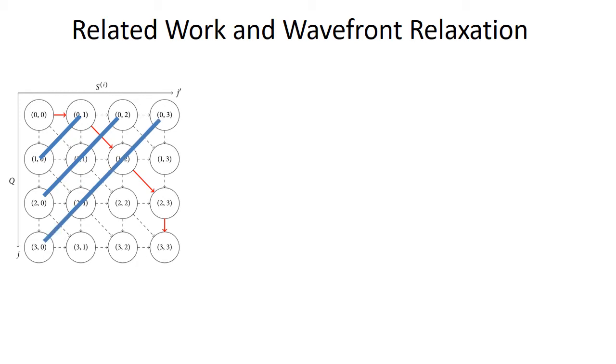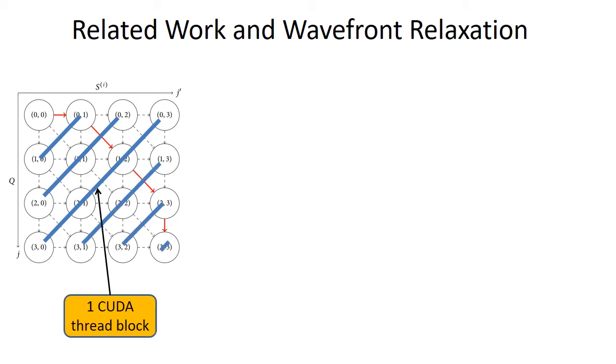So these diagonals here in blue, each value can be computed in parallel, for example using a different thread. In previous work, and also in this work, we will use one CUDA thread block to compute one diagonal. In our work, a CUDA thread block would just consist of a warp or even a subwarp.